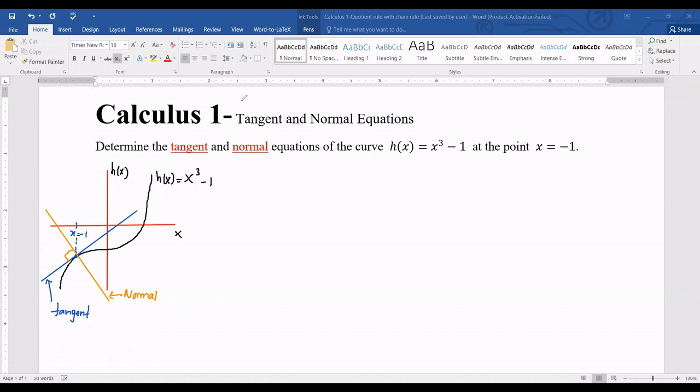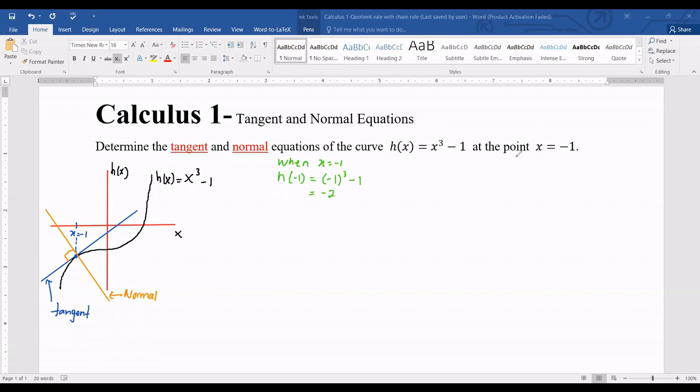As a first step, in order to construct a tangent and normal equation, first we need to determine the corresponding value of h(x) when x is minus 1. When x is minus 1, you just plug x equal to minus 1 into the main function, so you get minus 1 to the power of 3 take 1, which will be minus 2.